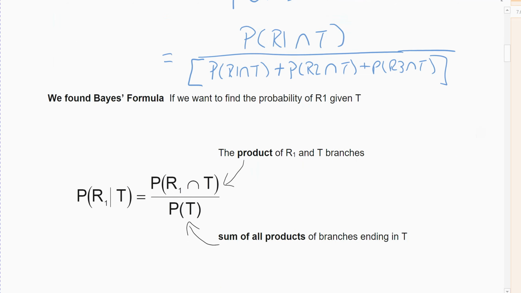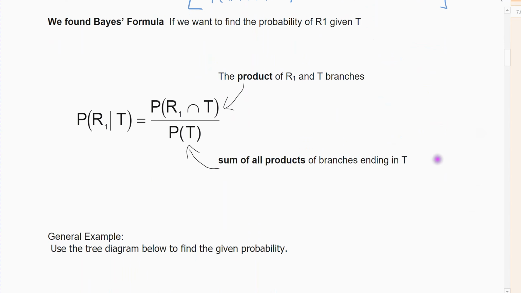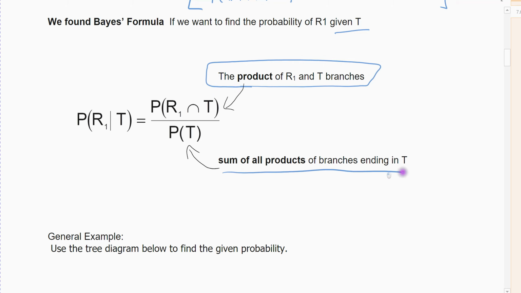All right, so Bayes formula, more formally written out in words. If we want to find the probability of R1 given T, where T is the end result of my tree branches, up top is the product, the multiplication, between the branches going from the first event to T, getting to that end result. In the bottom is what you've got to remember: it's the sum of all of them, including this one, where it ends in T, because T is my given statement.